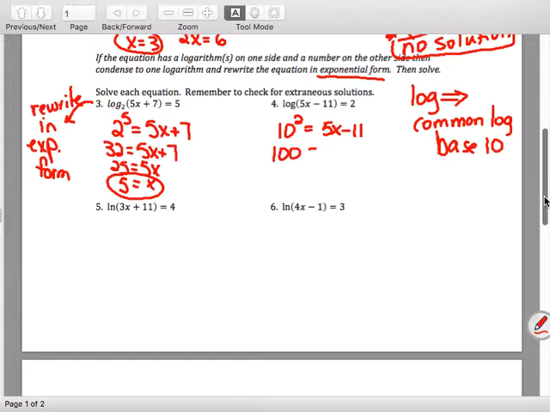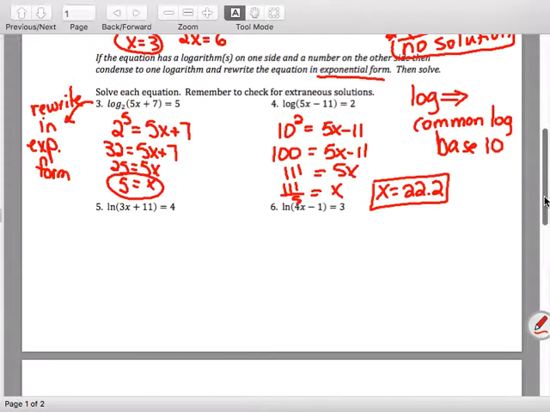So this is 100 equals 5x minus 11. So I get 111 over 5, or 22.2. Either way is okay. Now check it. It does check. That gives me something positive in there.